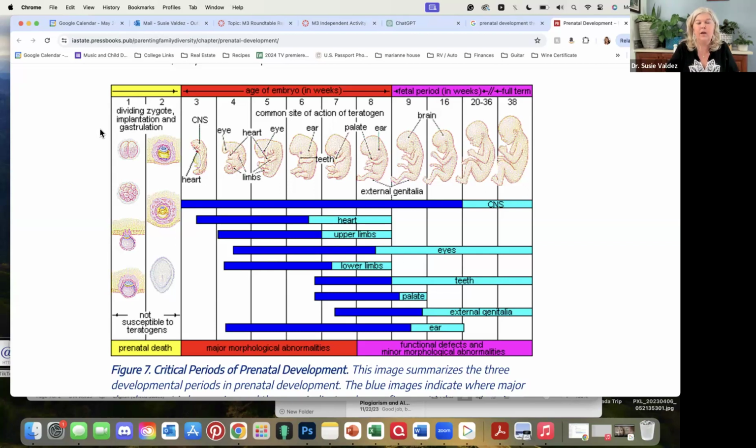And this is where all the stuff you've learned in biology takes place, right? The mitosis and the meiosis. That's not really this class, but it's important to understand that these stages exist. So the first 2 weeks are the germinal stage, completely all about meeting that egg and that sperm together.